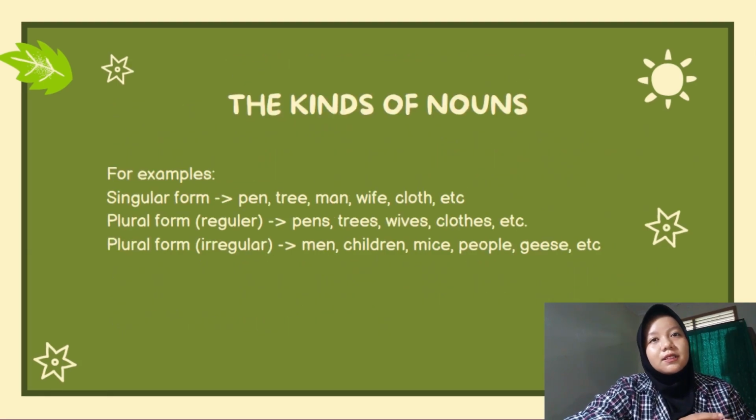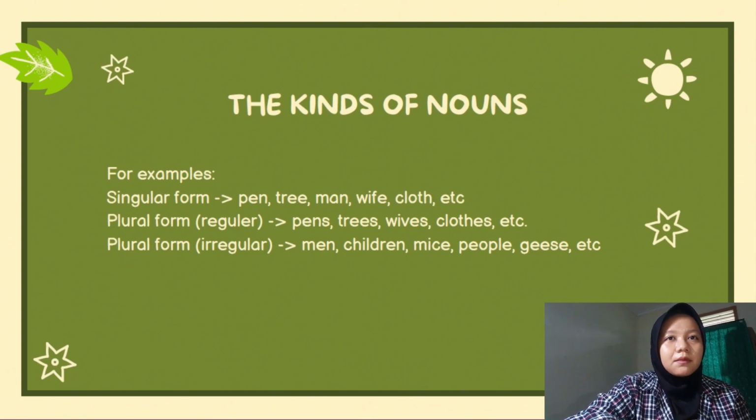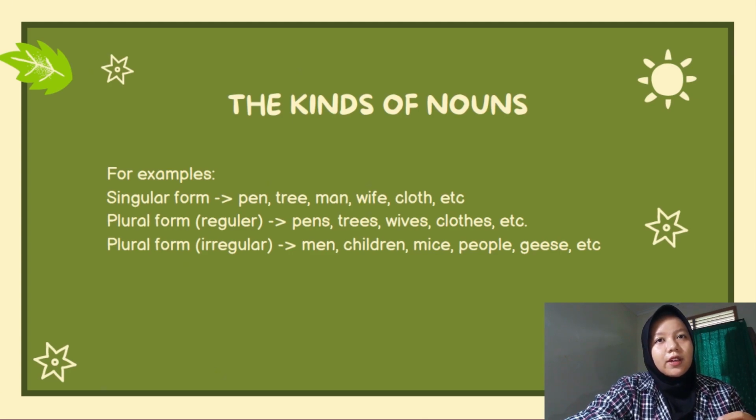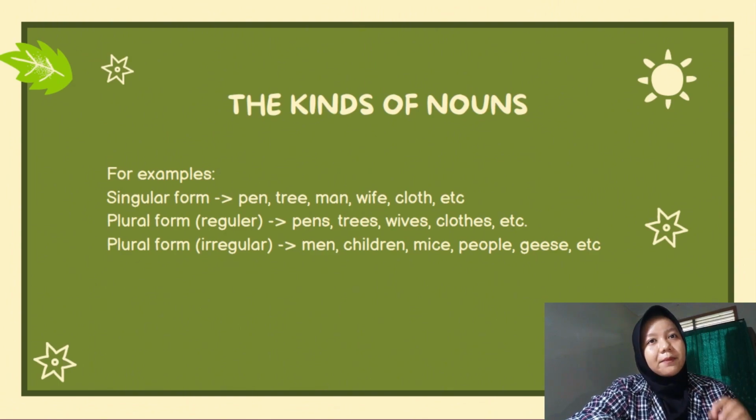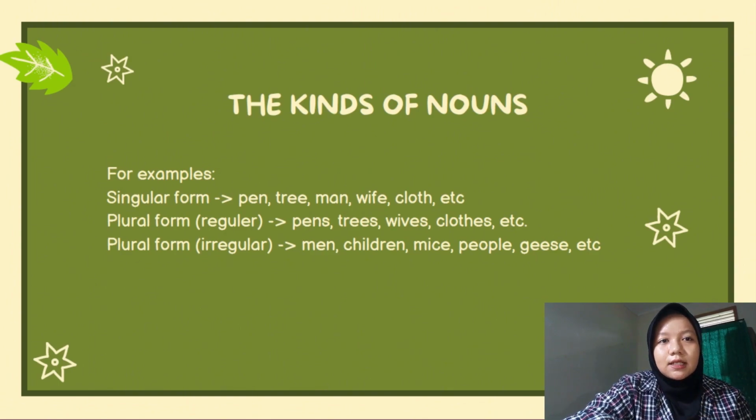For example, singular forms pen, tree, man, wife, and for regular plural forms like pants, trees, wives, clothes, and irregular plural forms like men, children, mice, people, geese, and so on.